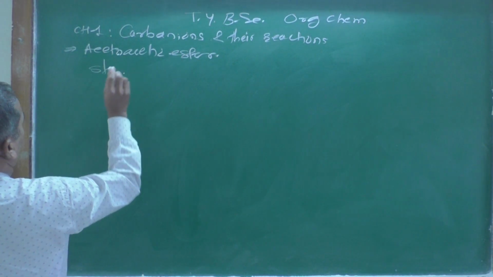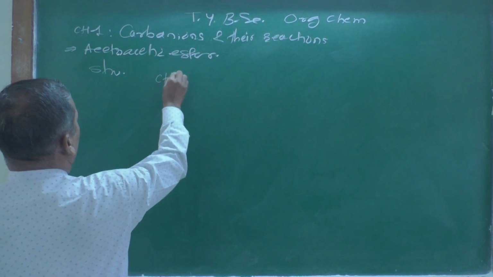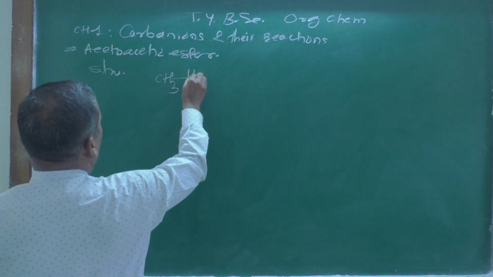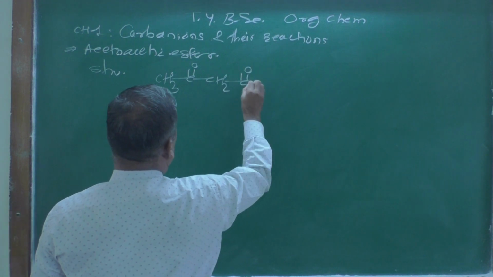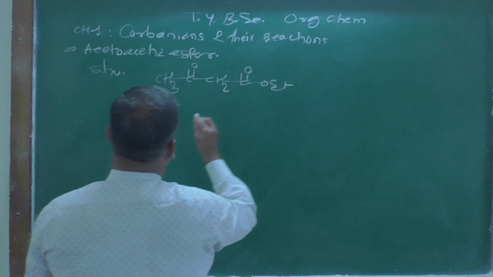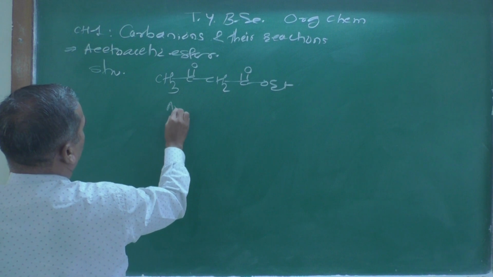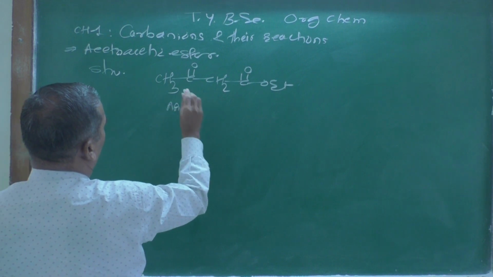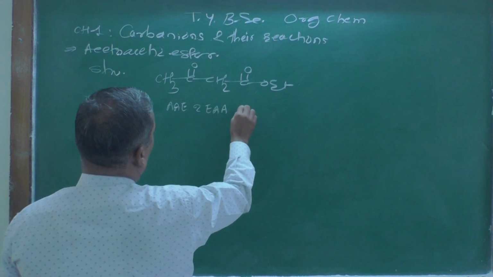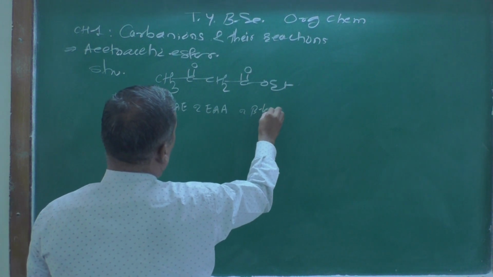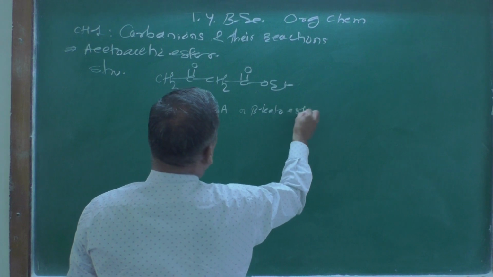The structure is CH3 C double bond O, then CH2 C double bond O, OEt. This is the structure of acetoacetic ester, or we can call it ethyl acetoacetate, or a beta keto ester.